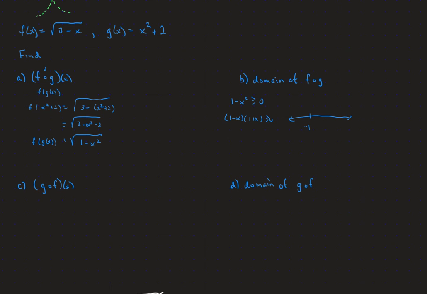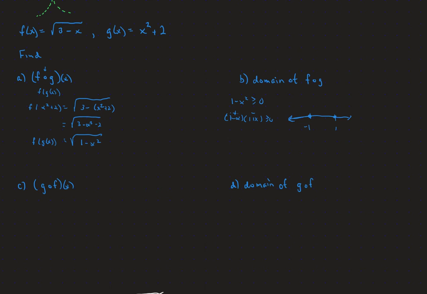That will be equal to 0 at negative 1 and 1. If we plug in something like negative 2, 1 minus negative 2 is positive, 1 plus negative 2 is negative, and positive times negative is not greater than or equal to 0, so we do not get anything to the left of negative 1.